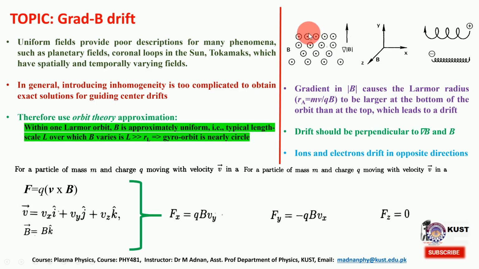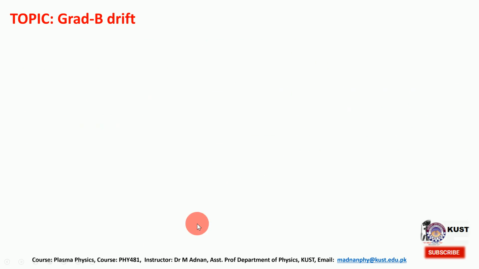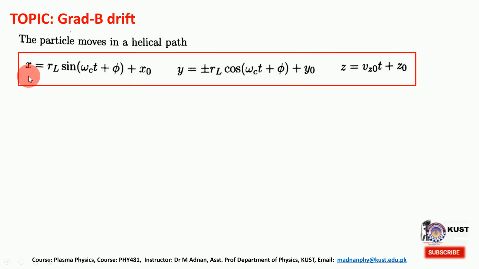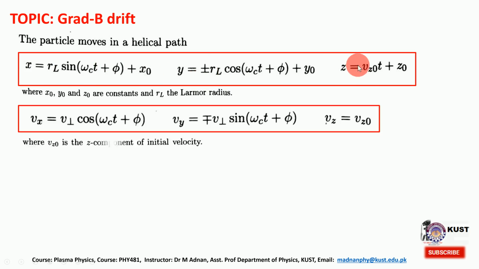The density of the field lines is uniform, so that the particle will move in a helical orbit, as we have discussed in the previous lecture in the E cross B drift situation, where x is given by this expression, y is this, and z has the constant velocity and the position is linearly changing with time relative to some fixed z naught. And these are the components of the velocity for the charged particle for the situation where the B field is uniform.